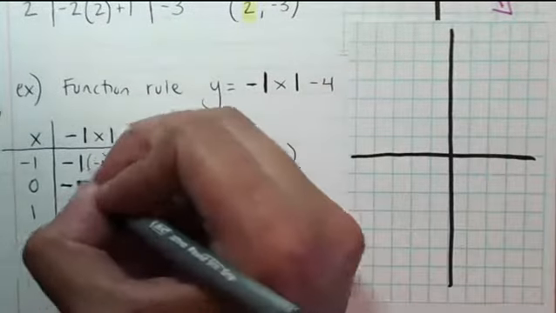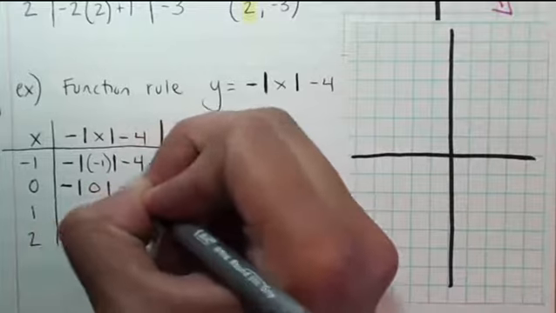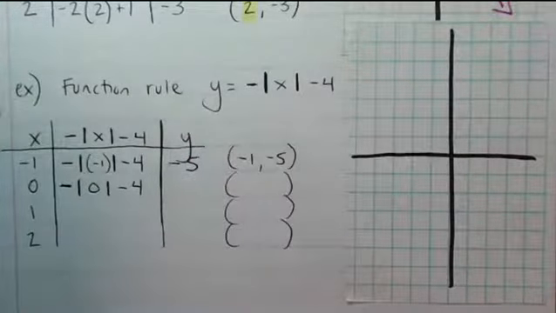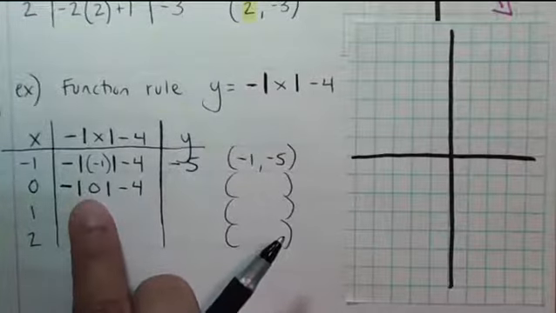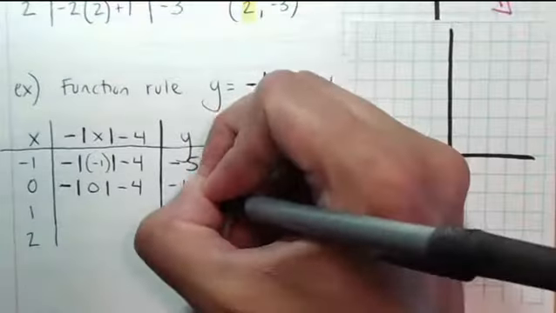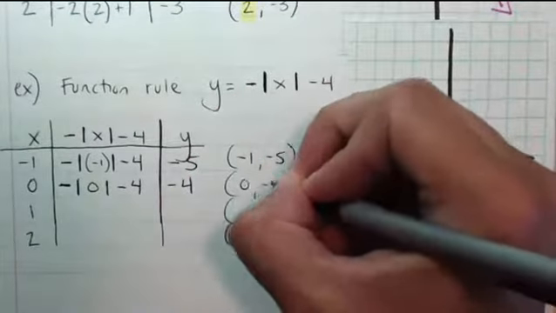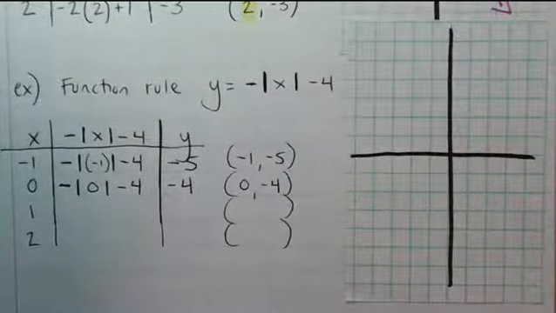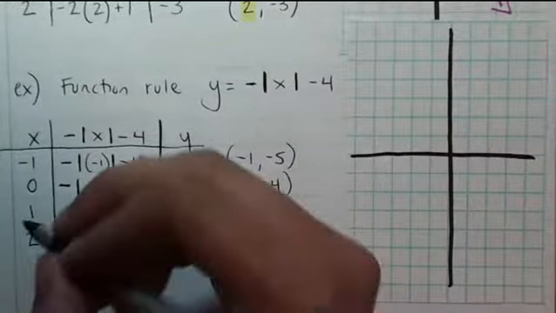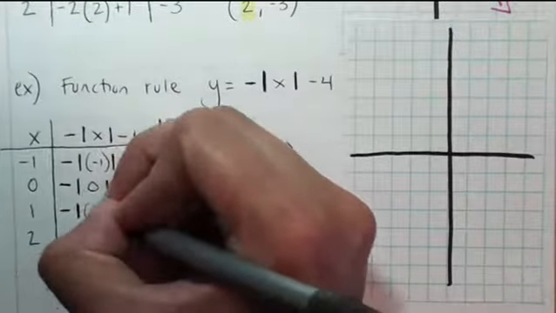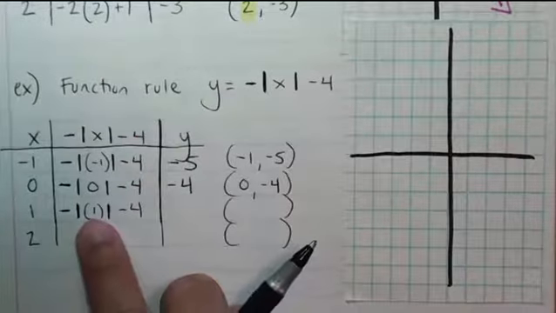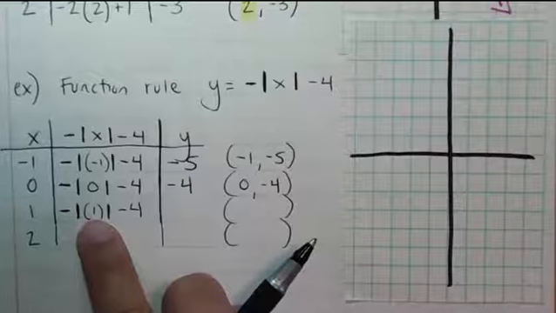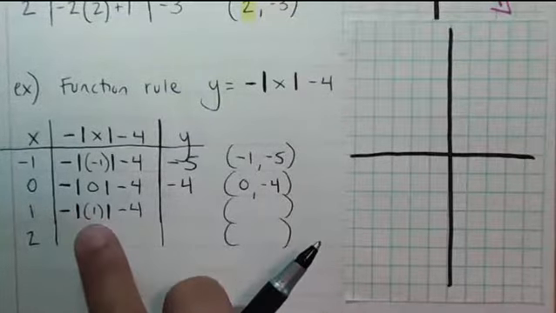Okay, the next one I plug in 0. Absolute value of 0 is 0. -0 is really not possible. So I'm left over with -4. And this point is 0, comma, -4. If I plug in a +1, absolute value of +1 is a +1. The negative makes it a -1.